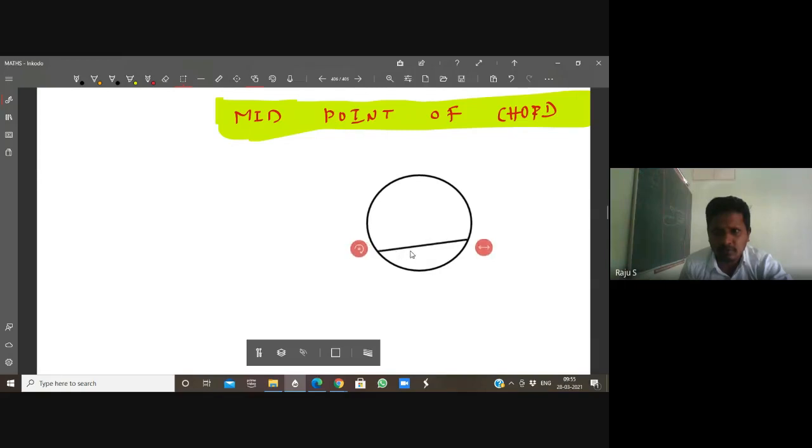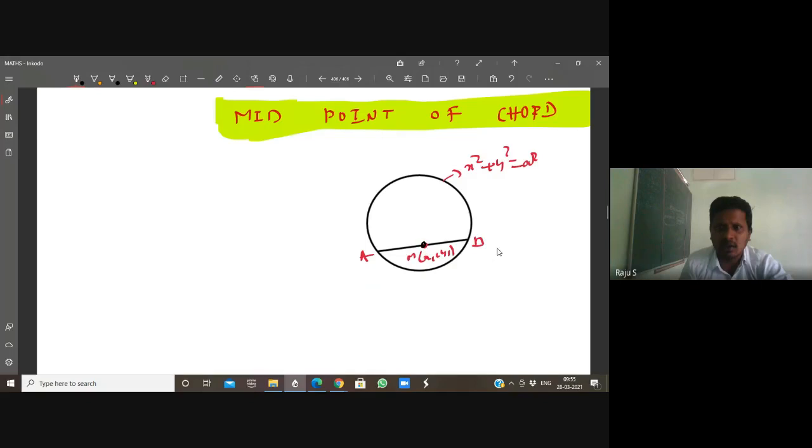Let us consider. Okay, this is A, this is B, and the midpoint is M. I'm taking midpoint M as x1, y1. So the circle equation they gave is x square plus y square equal to a square or r square. Then the equation of the chord AB, the line segment chord AB, is given by S1 equal to S double one.